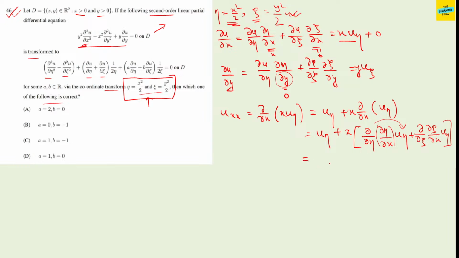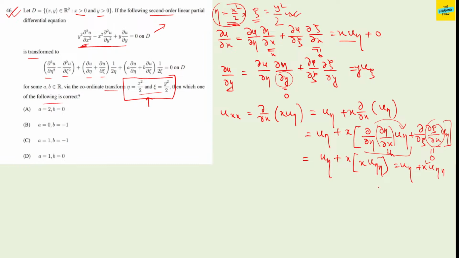So this is equal to u_η plus x into ∂/∂x of u, which again gives x from here, so this is x and x u_ηη from this. And ∂ξ/∂x is 0 because ξ is a function of y only. So this is equal to u_η plus x² u_ηη.